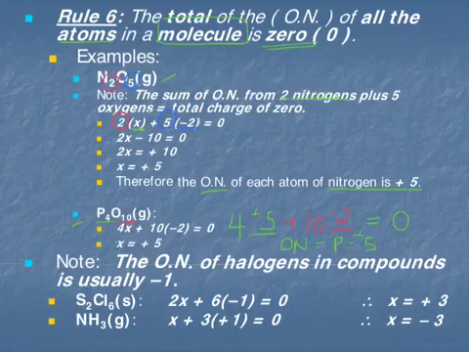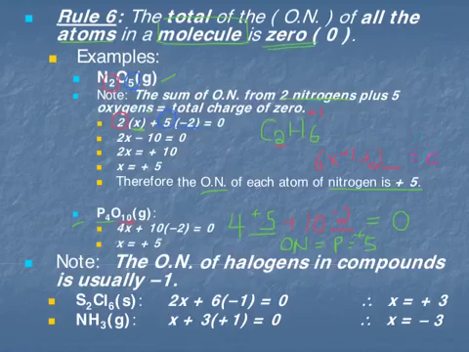Let's look at a third example that's not on the screen. Let's say we have ethane, C2H6. Well, we know hydrogen has an oxidation number of positive 1, and there are 6 of them, so 6 times positive 1. And we have 2 carbons, so plus 2 of an unknown oxidation number, and everything has to add up to 0.